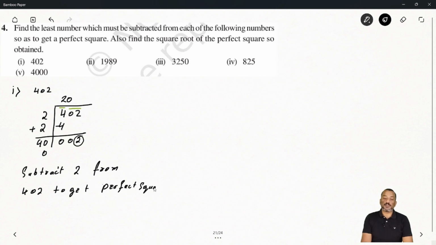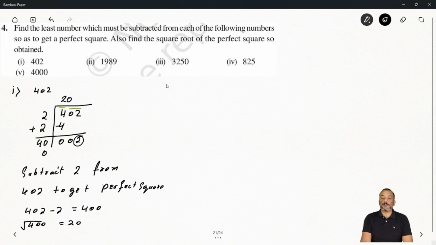Okay, so which means here you have 402 minus 2, you will get 400. So 400 is a perfect square of which number? 20. So you can say 400 is a perfect square of 20.